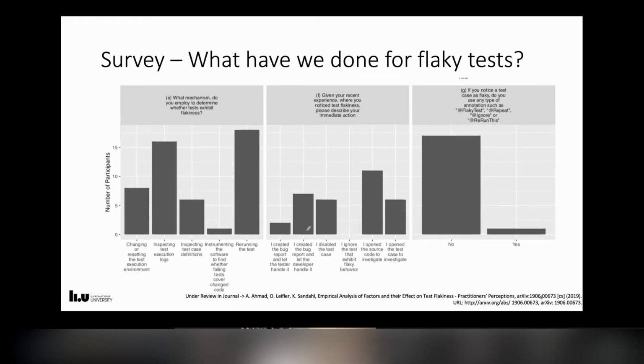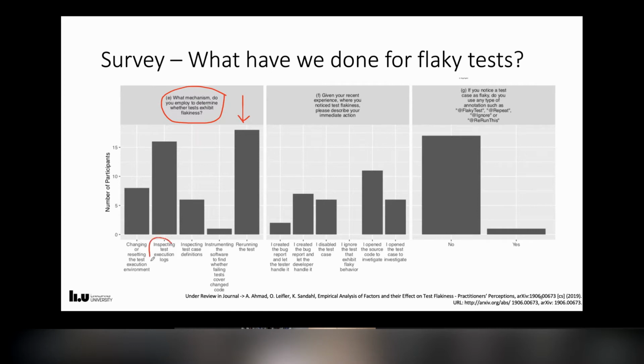We also asked what mechanism they use to determine if a test case is flaky or not, and all of them rerun the test cases. And it's not just our software center companies, it's, I would say, all the companies. The most adopted and common approach is to rerun the test cases to find out if they're flaky or not.